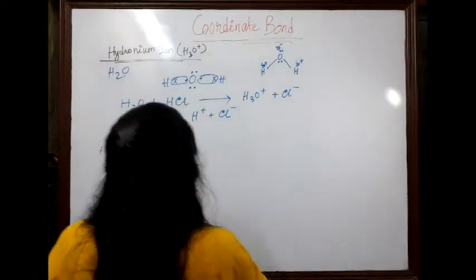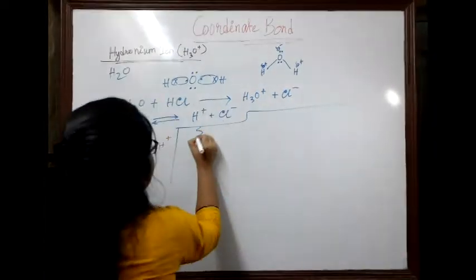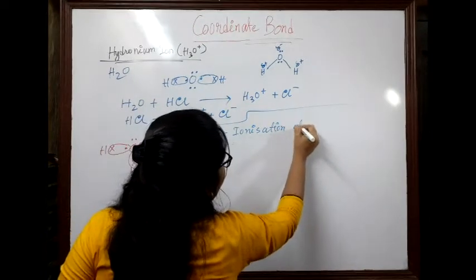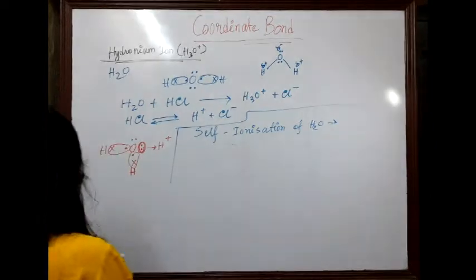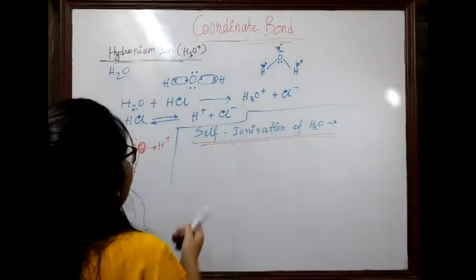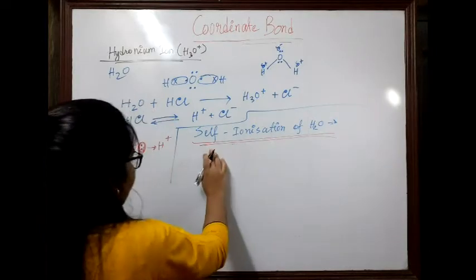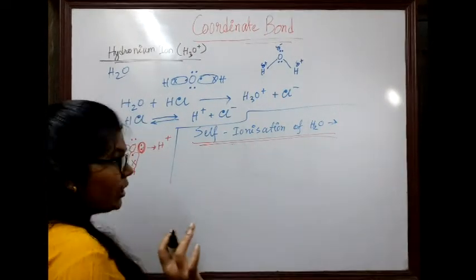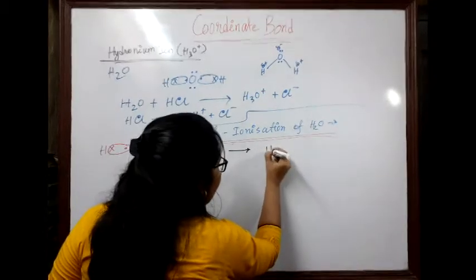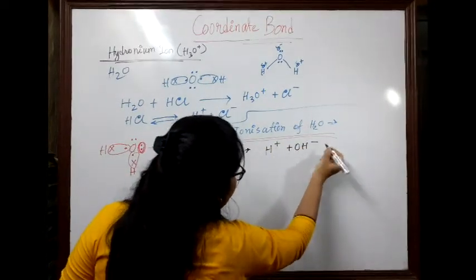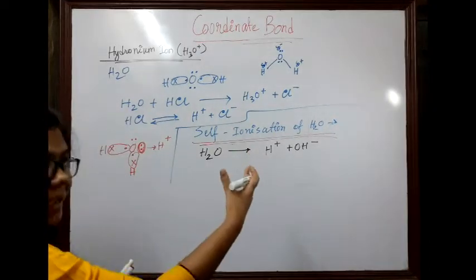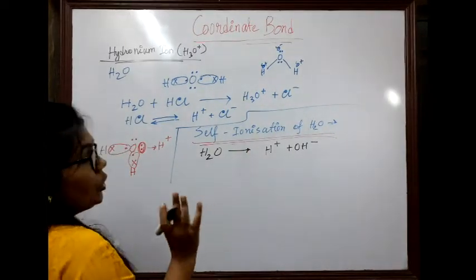In the case of self-ionization of water, there are only water molecules in the medium. A water molecule is ionizing itself into H plus and OH minus, and this H plus is forming a coordinate bond with another H2O molecule, and H3O plus is forming.